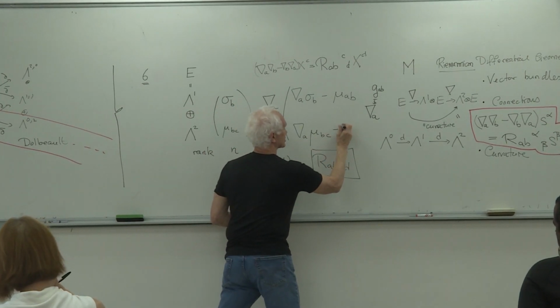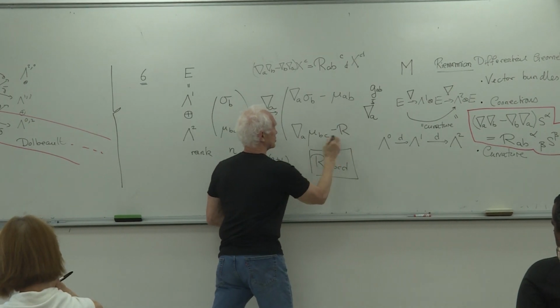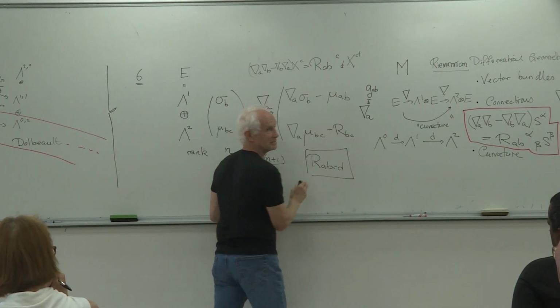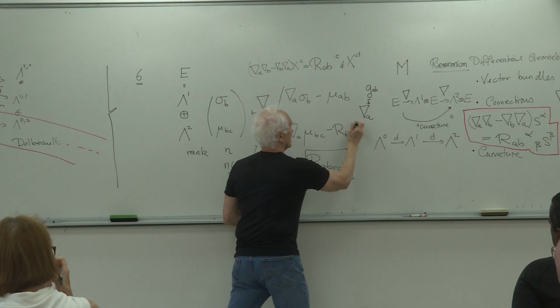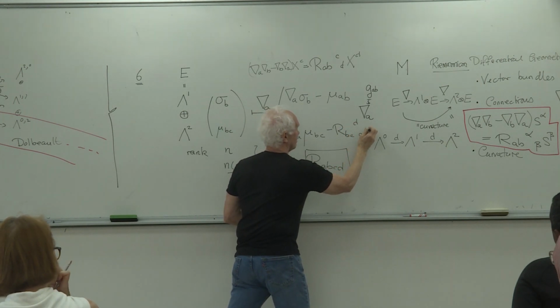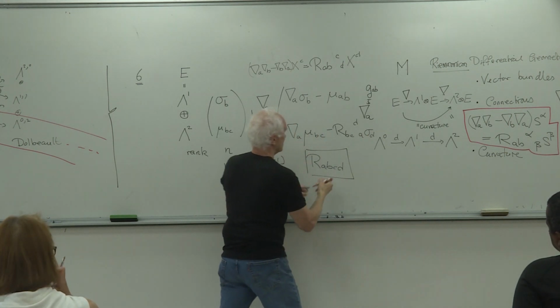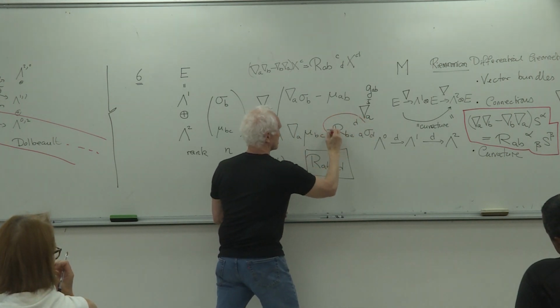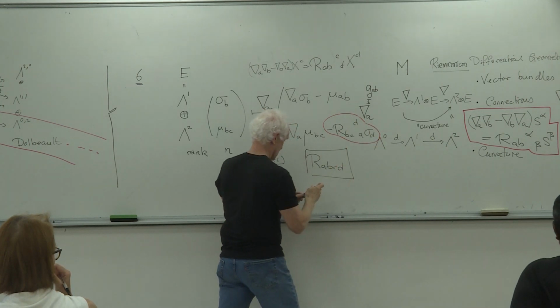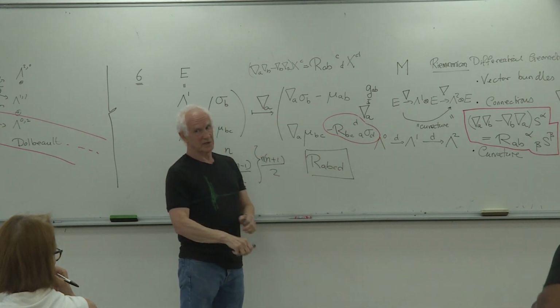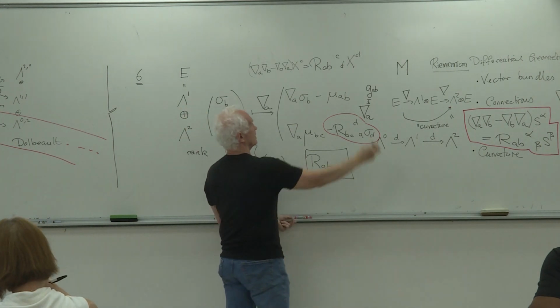It's minus, right? You want something which is skew in a couple of indices, like that. And then you've got an index A, which has to go somewhere, and CD. So this is an extra term. This is what you would get if you do this on a Riemannian manifold.